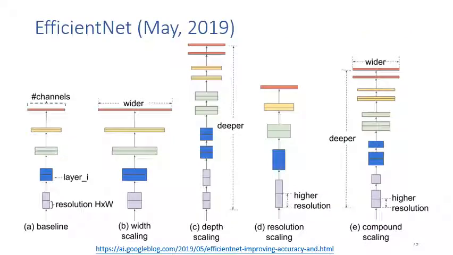Following the work of NASNet, there's a new architecture called EfficientNet in the automated machine learning research area. EfficientNet was published in 2019. The idea is actually simple. EfficientNet assumes that there are three main factors that affect the accuracy of a CNN model: the width of each layer, the depth of the network, meaning the number of layers, and the input image resolution.